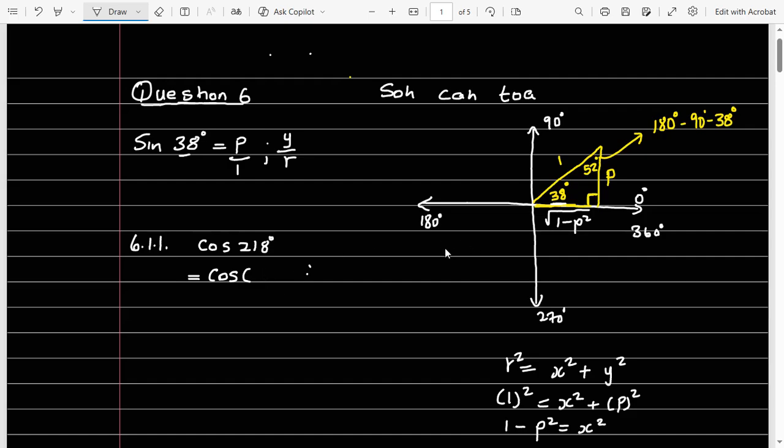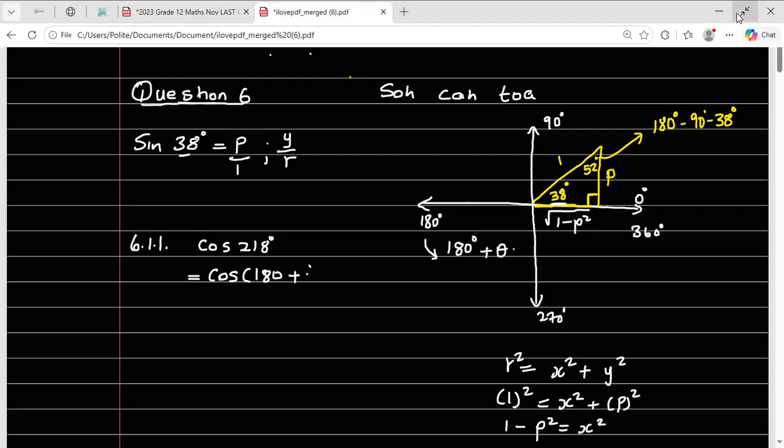So what is going on in quadrant 3? 180, and if I move in that direction, I'm approaching 270. How do I approach 270? By adding theta. So this is 180, and I'm going to add something. What should I add to find 218?